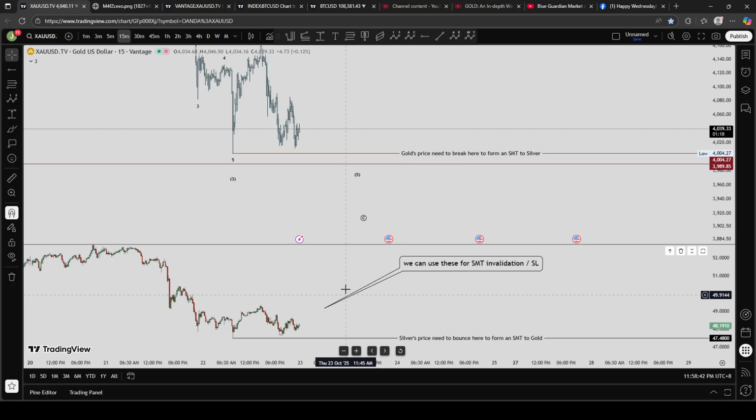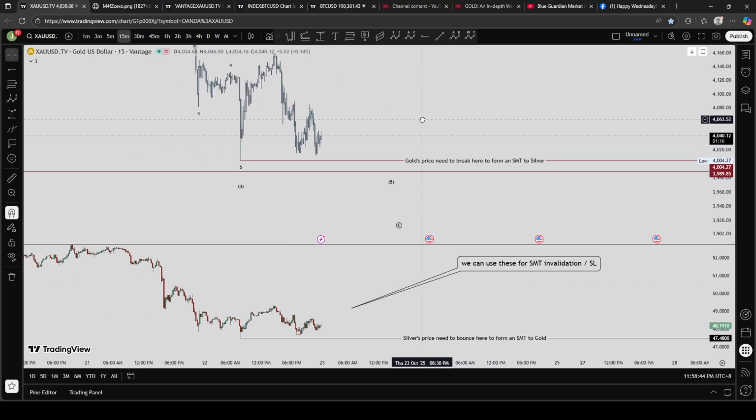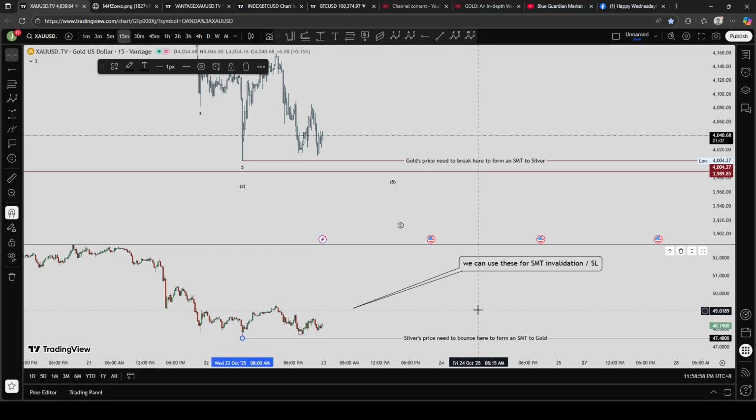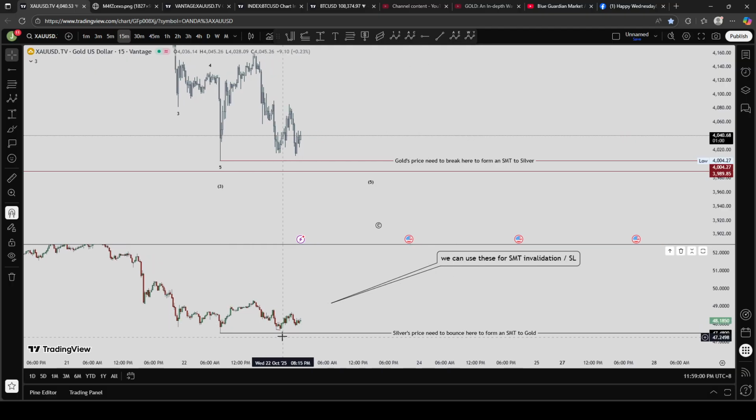For example, if I'm expecting the price of gold to do a reversal here, then the gold must break this third wave's price and create an SMT to silver. And in the silver's price, the price must bounce.